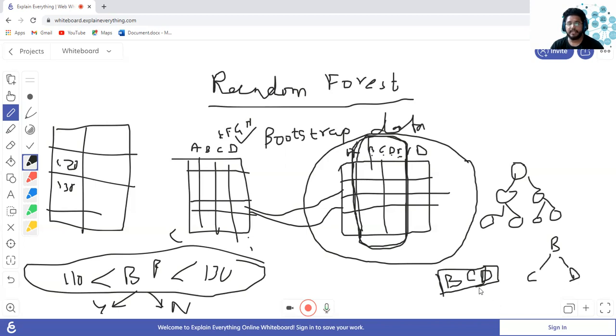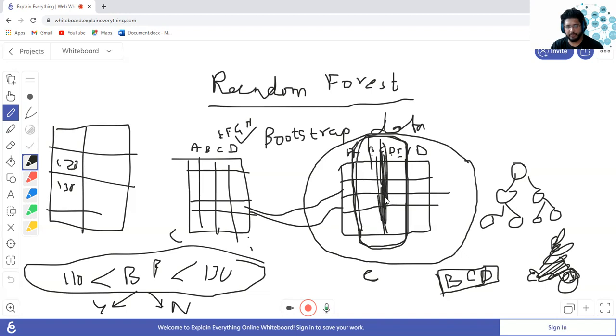From BCD, I chose C, because C has the lowest Gini impurity. Now once C is chosen, C is gone.